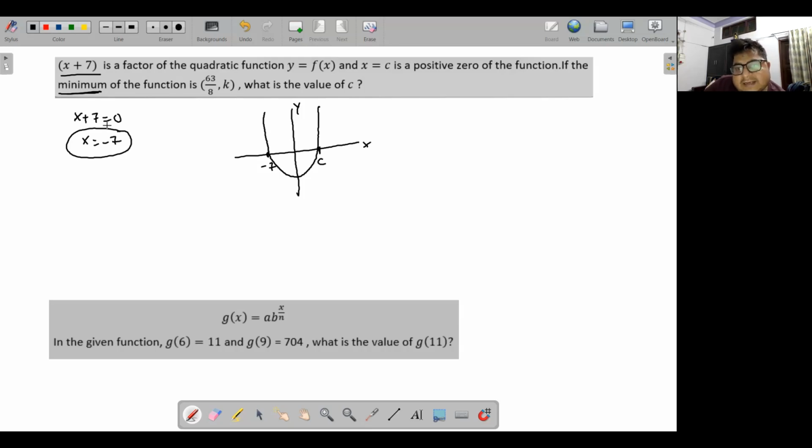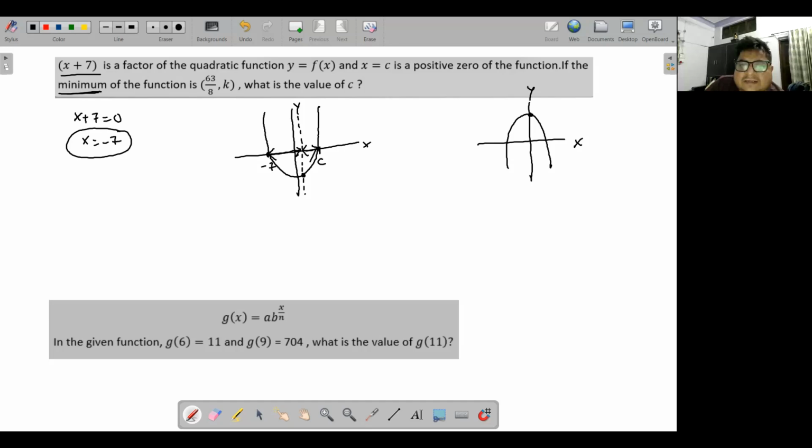If the question says maximum, then the parabola opens downwards. So let's say this point is a maximum, and here you can say this point is the minimum. Now we can make an axis of symmetry which divides the parabola into two equal halves. So the distances from this point and this point to the axis are exactly the same.